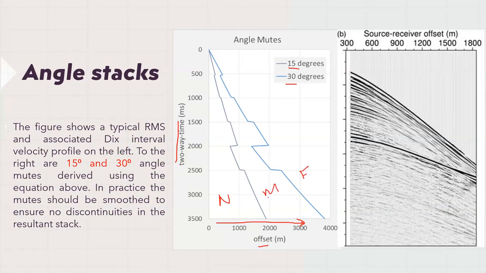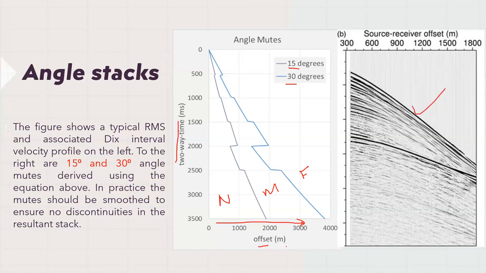But in industry, we actually use multiple offset stacks. It's not based only on 15 degrees, 30, and above 30, but you can divide it into 5 degrees, 10 degrees, and any other degrees you want. That is normally used for more detailed study. On the right side, this is the real seismic.